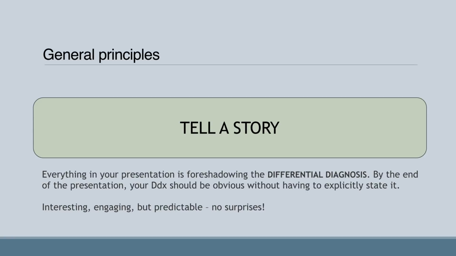Think of your presentation like the plot of one of those really bad, cheesy horror films, where even at the very beginning, you know exactly who's going to die first, and you know who's going to survive. In your presentation, even from the very first sentence, every single thing you say should point to or foreshadow your differential diagnosis, so that by the end of your presentation, your differential should be so blatantly obvious to your listener that they can already guess what it is, even without you having to say it.